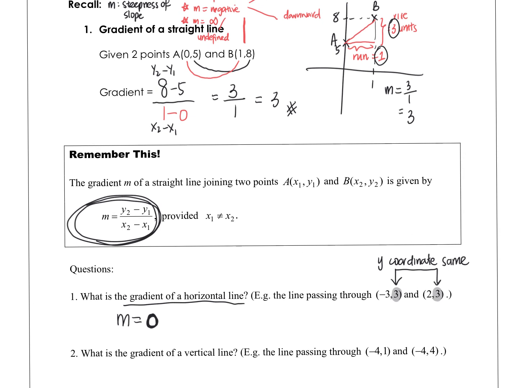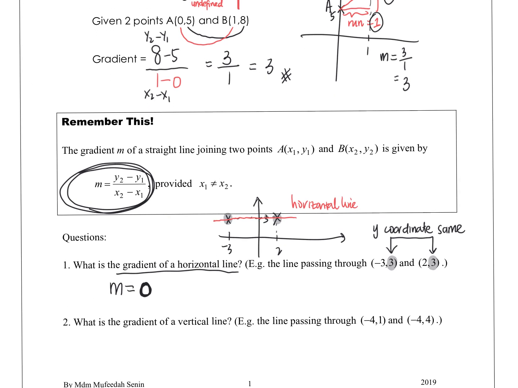If you plot out the 2 points, one is here, the other point is here. So when the y coordinate is the same, they are effectively a horizontal line. So sometimes you don't even need to calculate. When you see that the y coordinate is the same, you know the gradient is 0.